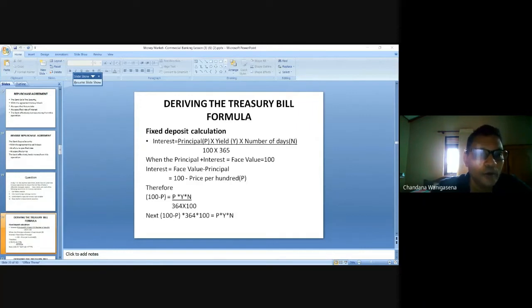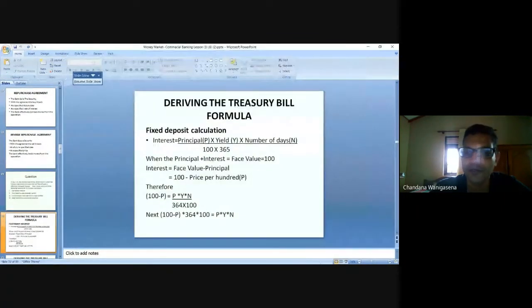In normal O-level mathematics, we take interest onto one side. Now the interest is equal to face value minus principal, because principal goes to the other side and becomes minus, right? So face value minus principal, right?